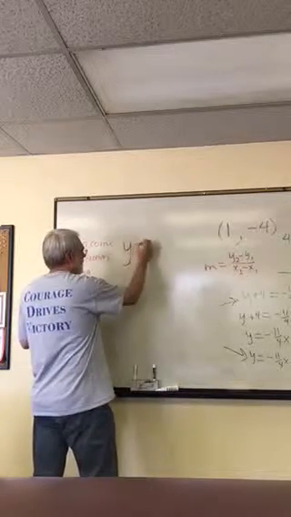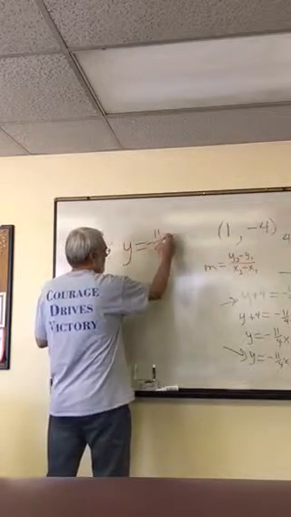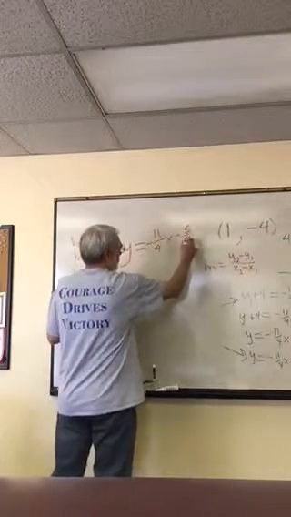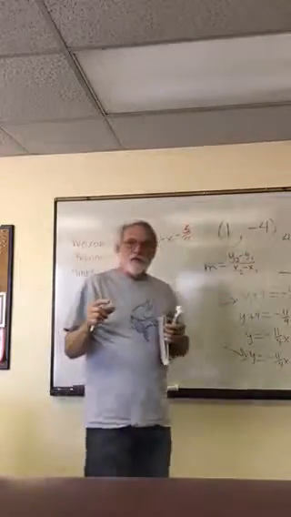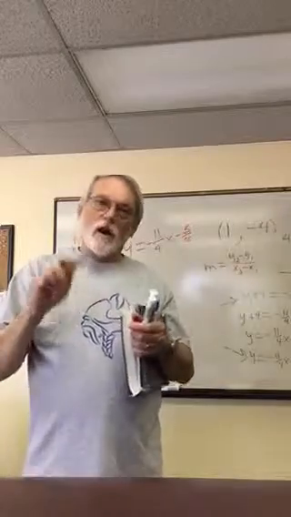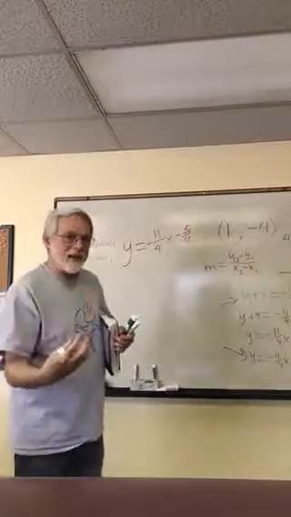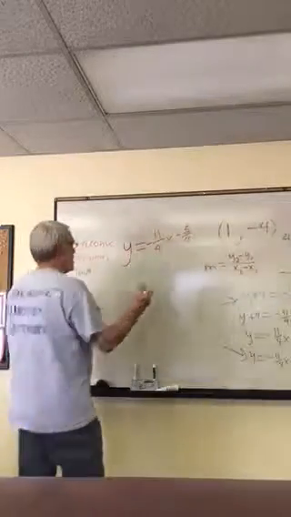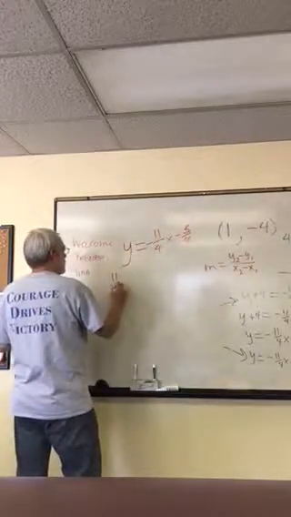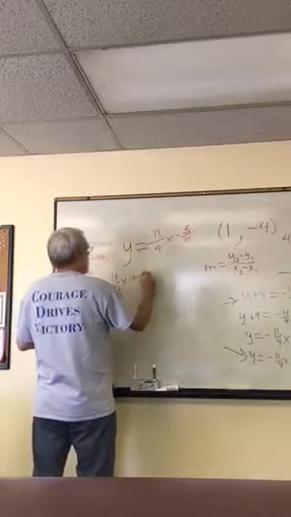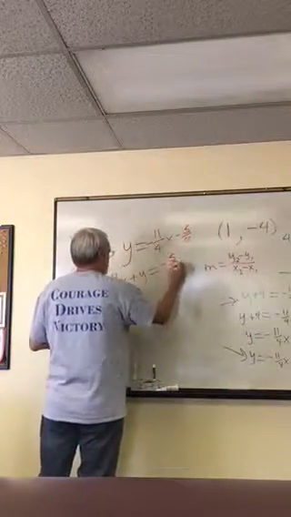We've got y equals -11/4 x minus 5/4. Remember, standard form is where we have x and y on the same side of the equation. So the first thing I'm going to do is add 11/4 x to both sides. So we get 11/4 x plus y equals -5/4.